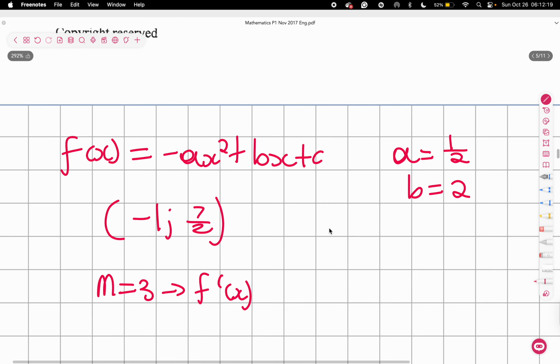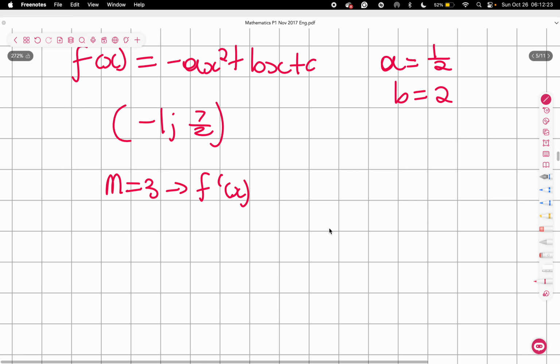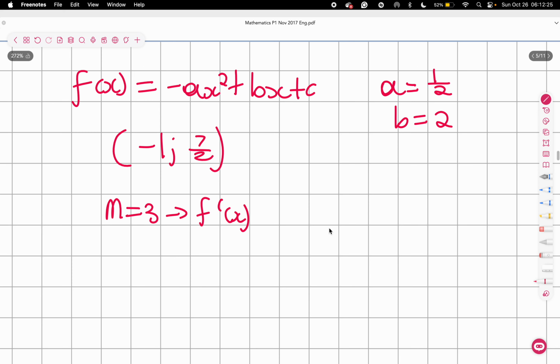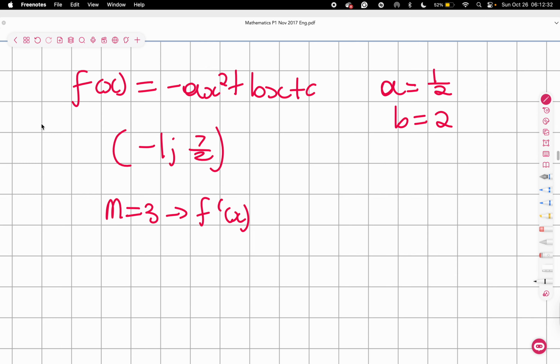Okay, so now how do we do that? Firstly, find the derivative, which is f prime of x. So f of x, you are given, is negative ax squared plus bx plus c.